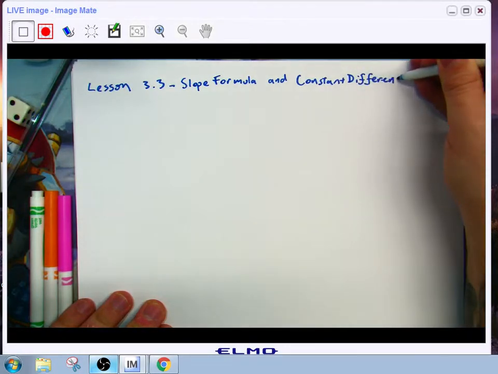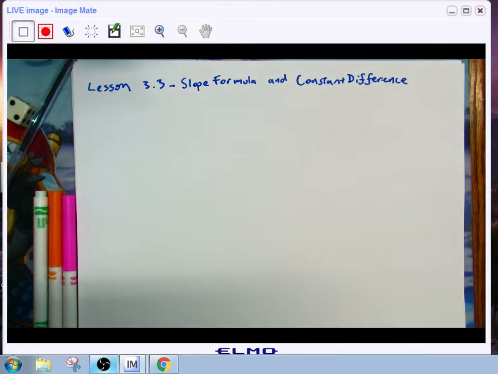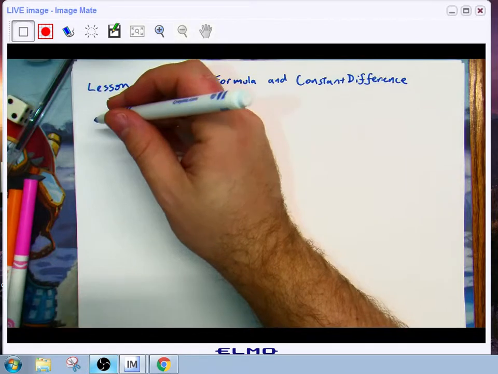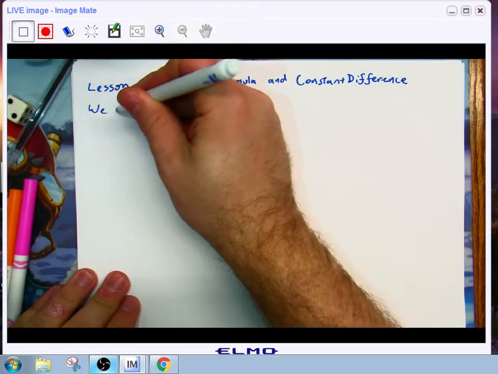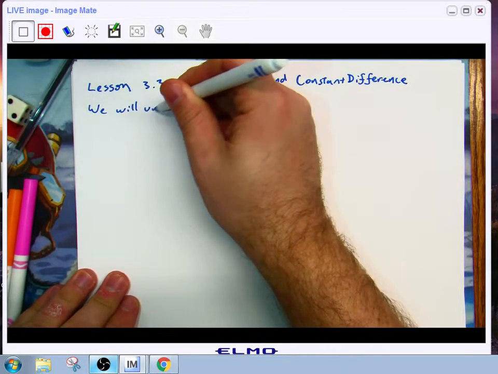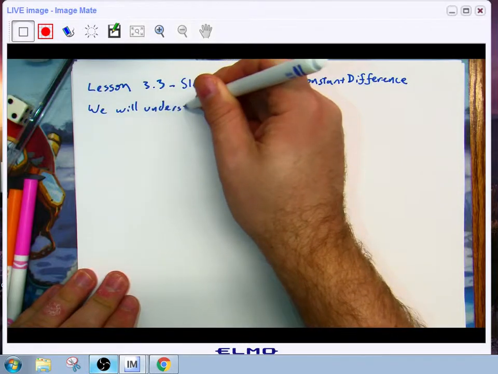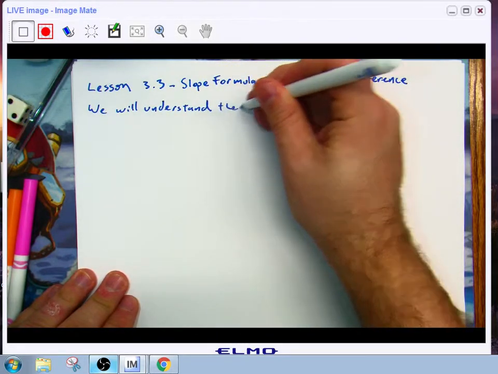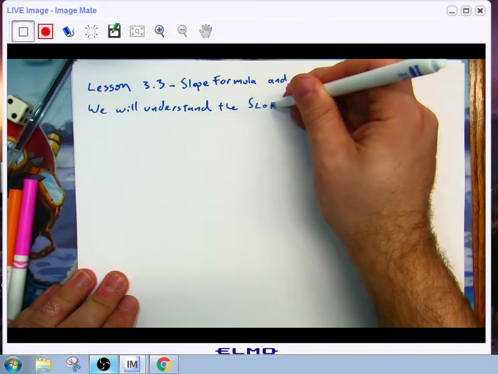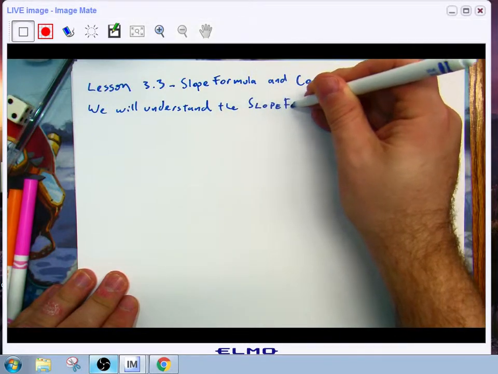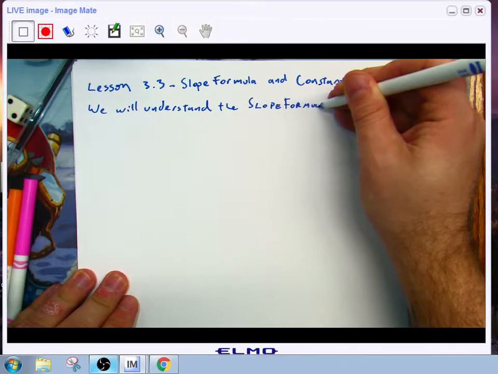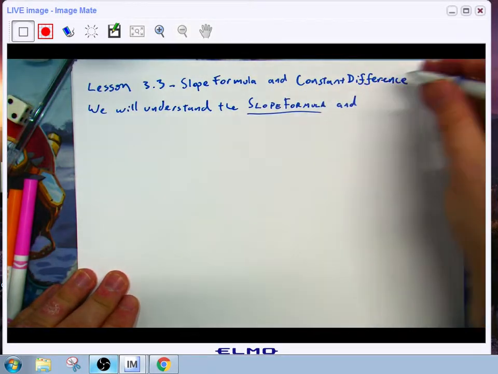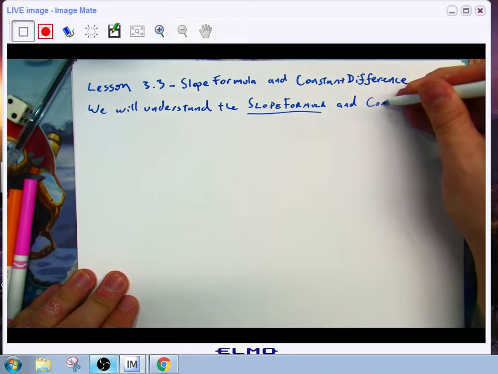And I want you guys to write the boxed goal on your notes. So here's what we're going to be doing. We will understand the slope formula and, I bet you'll never guess, constant difference.